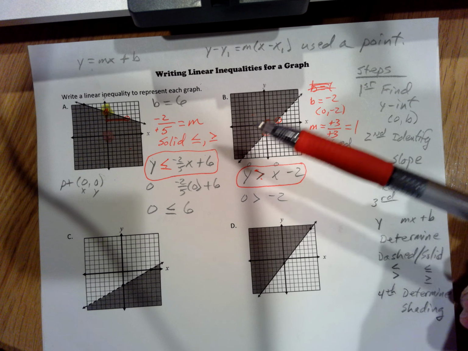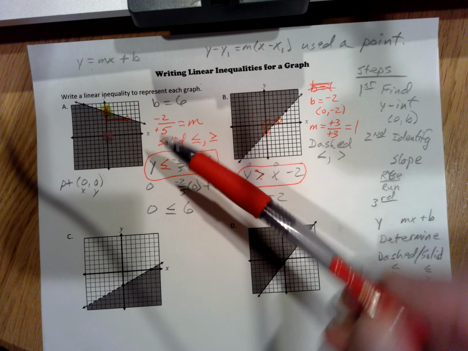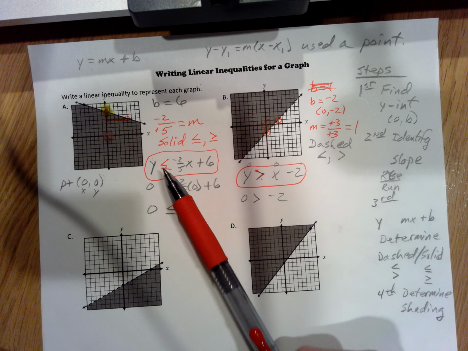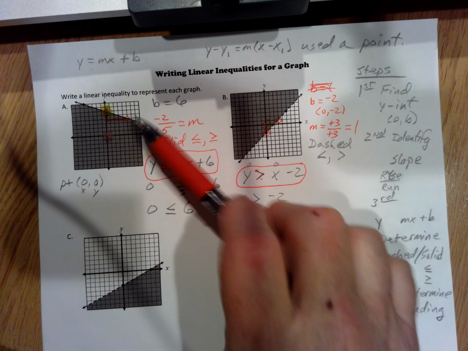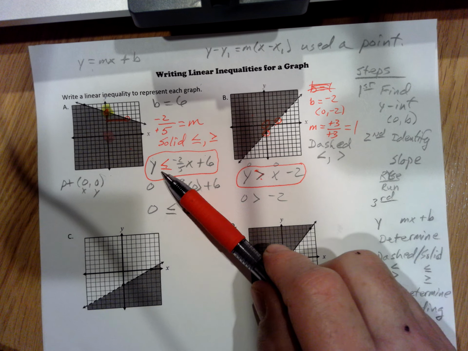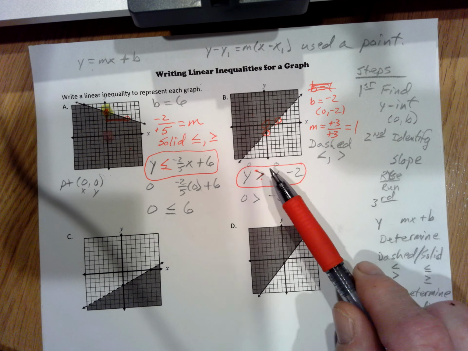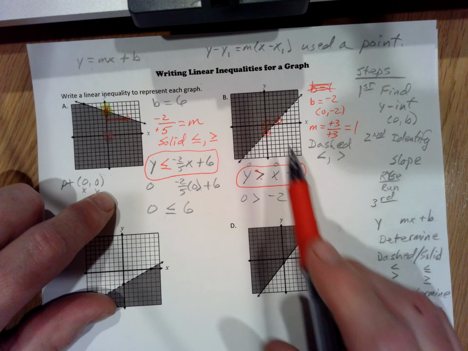We're testing points, but if you write your inequality with y on the left and everything on the right, then this inequality goes with the picture. It's shaded below the line, it's less than or equal to. It's shaded above the line, it's greater than or equal to. In this case, it's greater than because it's dashed. In this case, it's less than or equal to because it's solid.